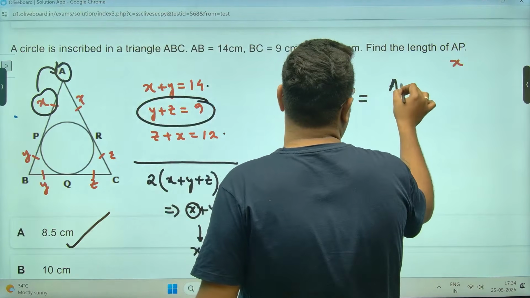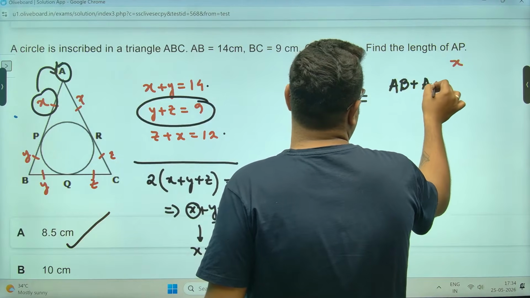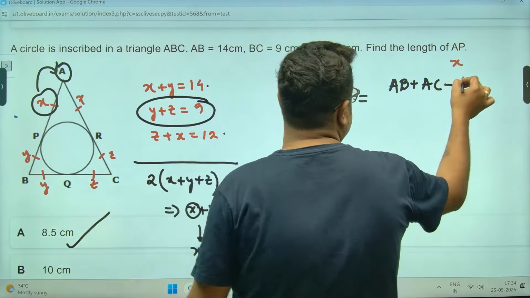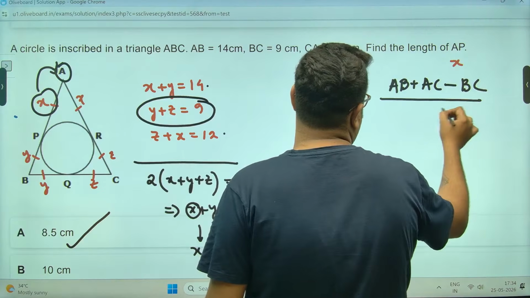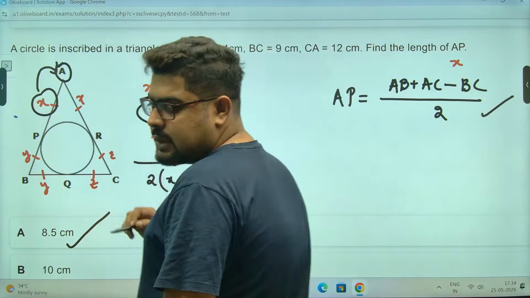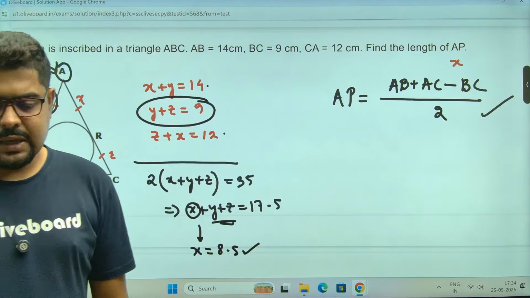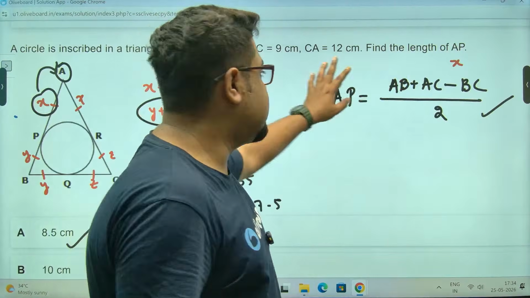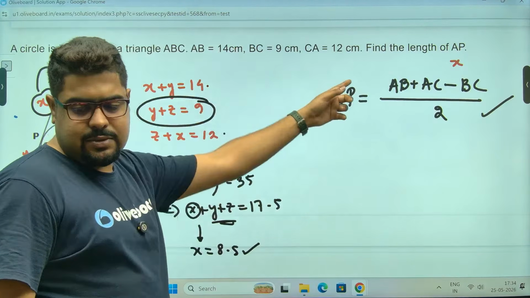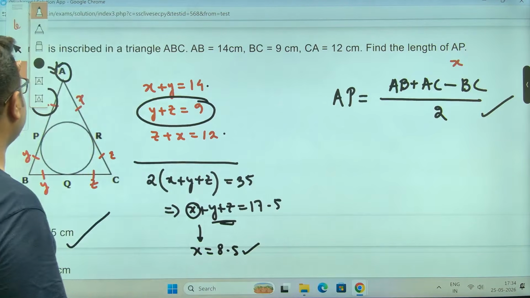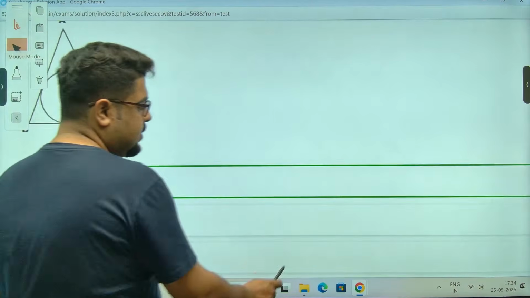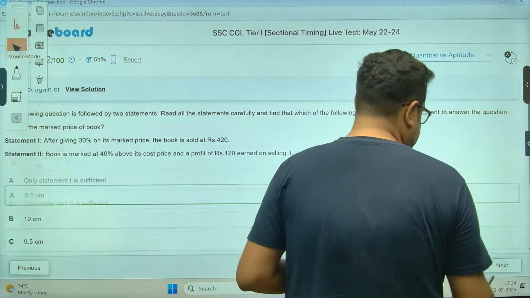That is AB plus AC. Subtract the opposite side, divided by 2, sir. This will be your direct answer, sir, if you want to do it directly. Shortcut. But again, it comes from this one. Now, whichever you prefer, go with that. I don't have any problem.